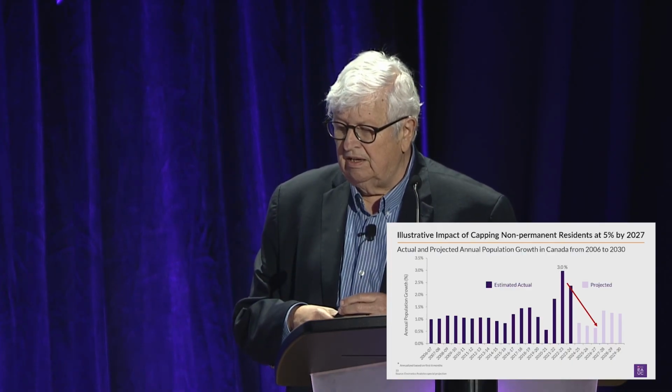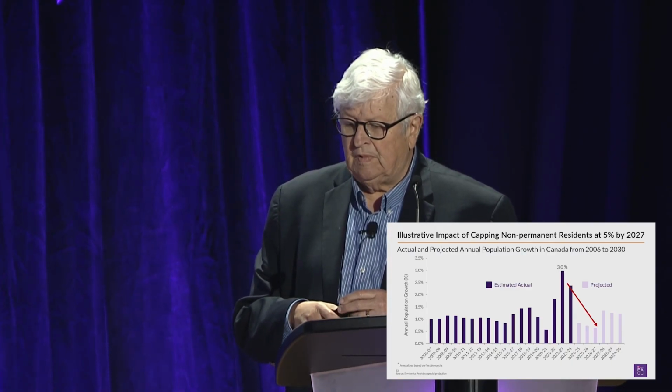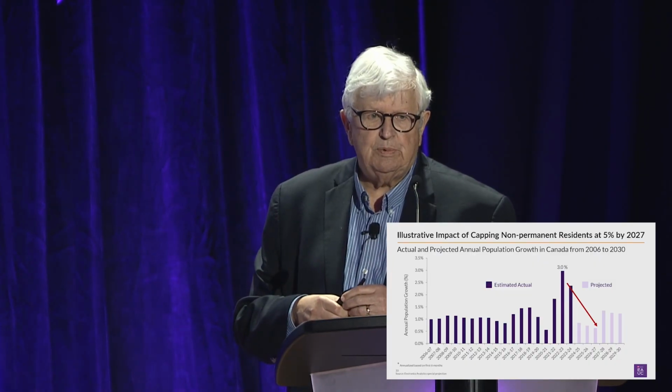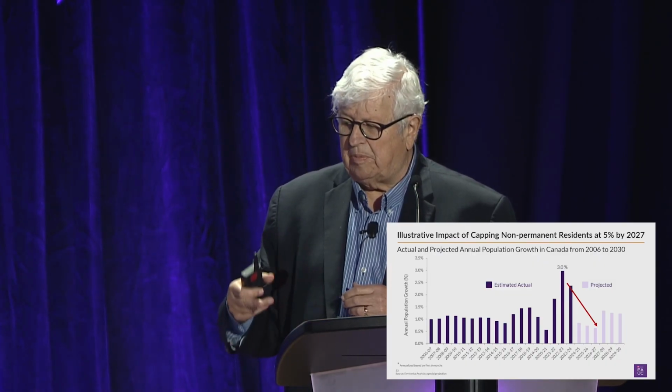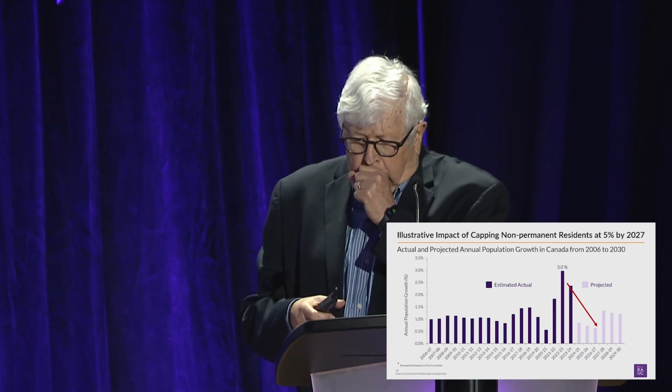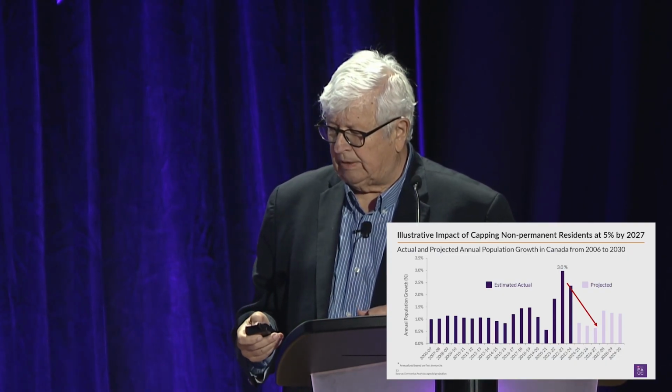Growth will tumble from 2.5% to 3%, down below 1%. And in some areas, particularly, for example, in Toronto, growth could go negative if, in fact, they experience the same kind of pattern. And in many urban areas, growth rates will come way, way down for 3 years before going back up.